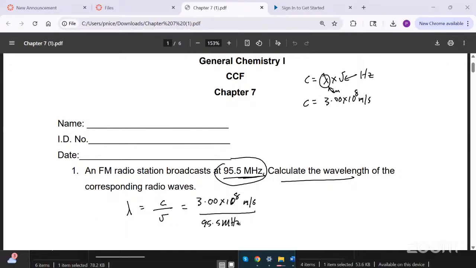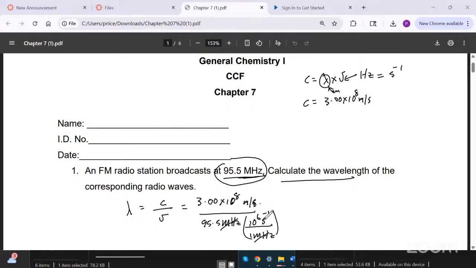So what we have to do, because remember now, hertz is the same thing as seconds to the minus 1, which we have here, is convert megahertz to seconds to the minus 1. And basically, that would be 1 megahertz down here and 10 to the 6 hertz, which is the same thing as 10 to the 6 seconds to the minus 1.